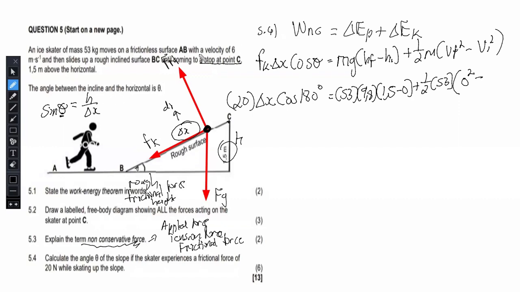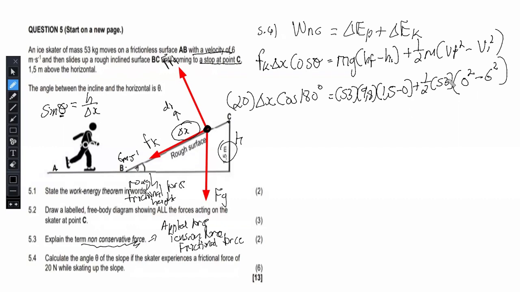When we read, it says with a velocity of 6 meters per second. So an ice skater of mass 53 kg moves on a frictionless surface A to B with a velocity of 6 meters per second. So at this point, it's 6 meters per second, and we square that.